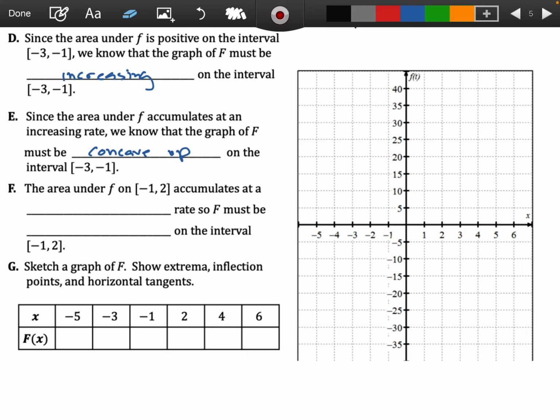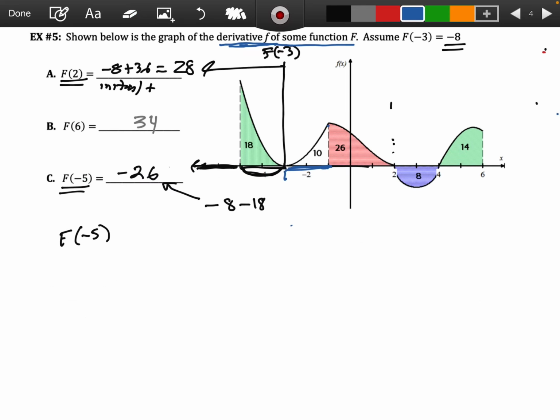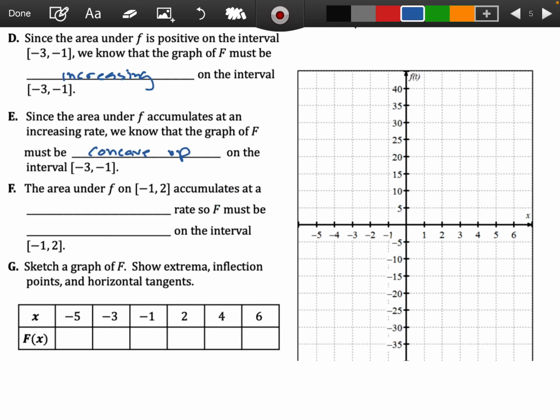Okay, the area under F on -1 to 2 accumulates, right? At a what? Let's see what's happening from -1 to 2. Yeah, we're still adding the area because it's positive, but you're adding less and less, right? So it's going to be at a decreasing rate. So again, F must be concave down.